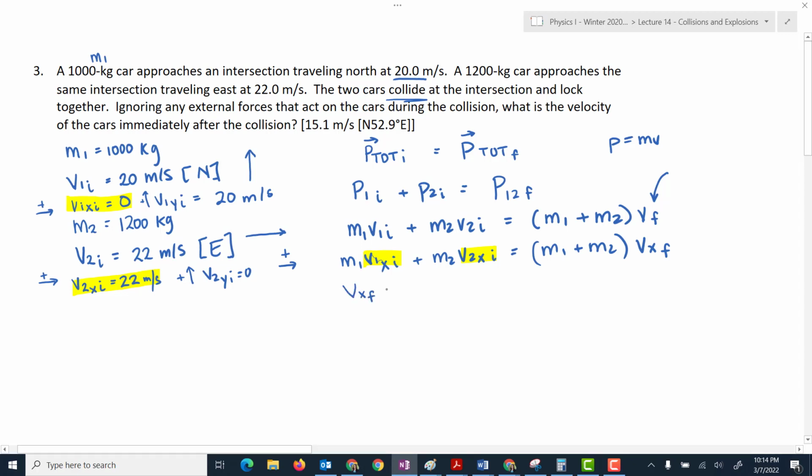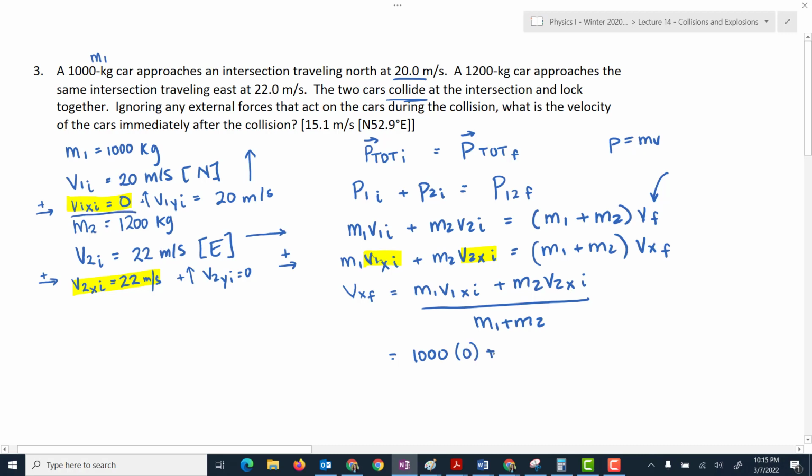I'm rearranging the equation. I get vx final equals m1 v1 x initial plus m2 v2 x initial, over m1 plus m2. Now I can substitute all my numbers. m1 is 1,000. v1 x initial, the one I highlighted over here, is 0.